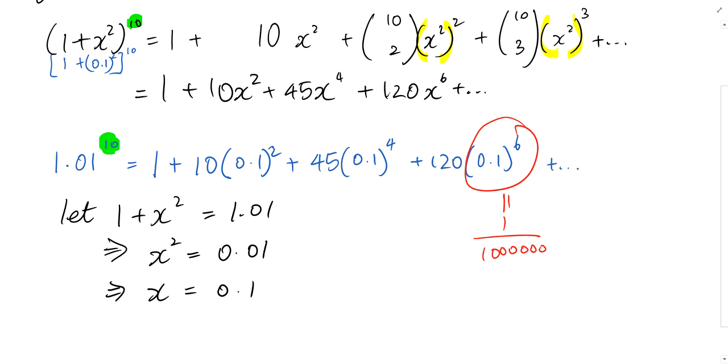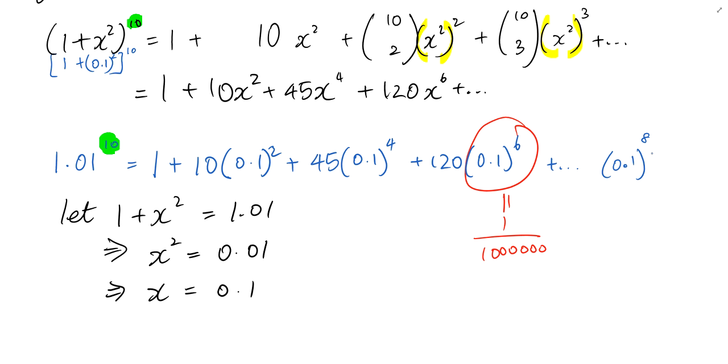Can you imagine now? There's a plus dot dot dot, right? Subsequent parts, what do we have as the power for the 0.1? What is going to be next? 20? Are you sure 20? The next one, immediately next. 8, right? Then, is that big or small? Small. Still small. In fact, it's going to get smaller and smaller, such that, are they significant? Why are these small numbers significant? When I ask you to round off to 3SF, for example, all the little small numbers at the back, you don't want them, right?